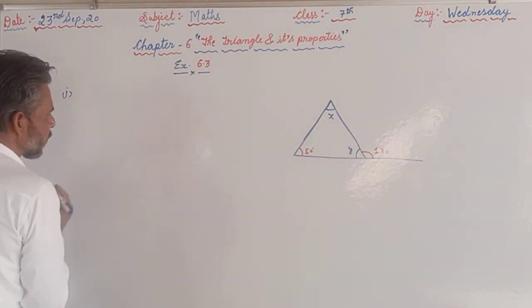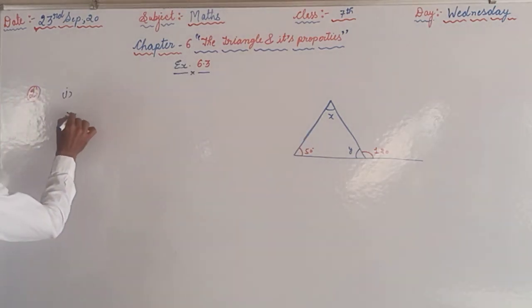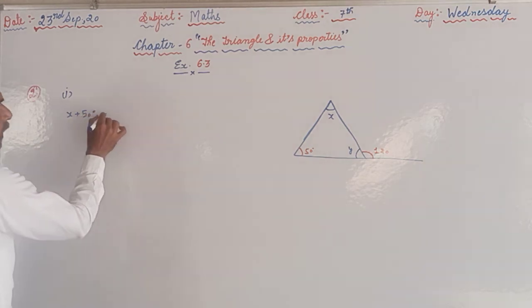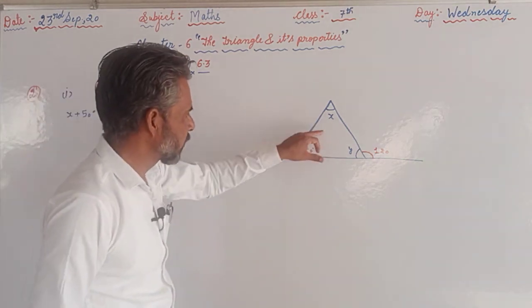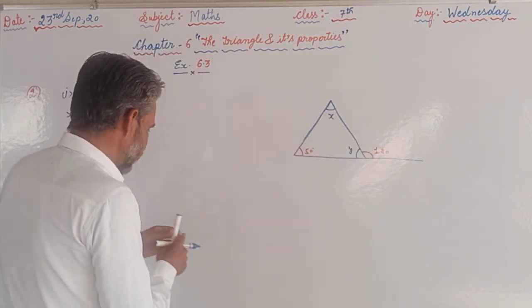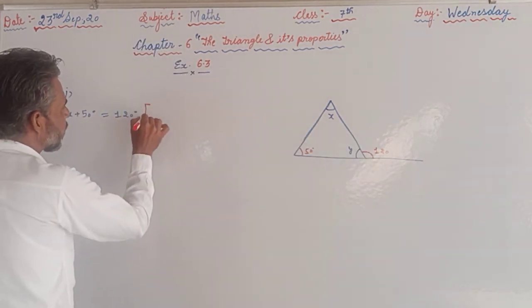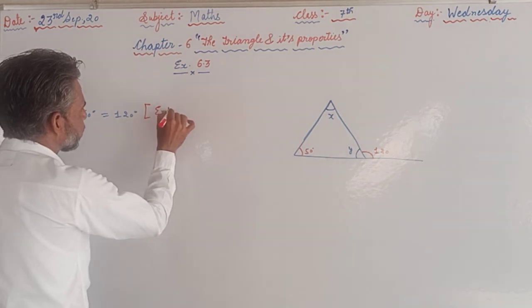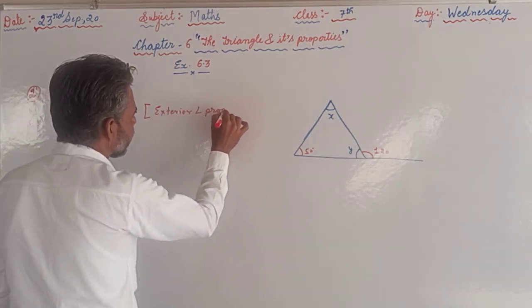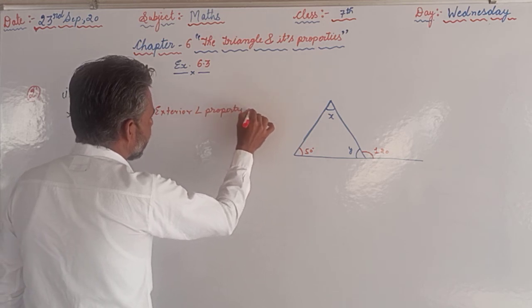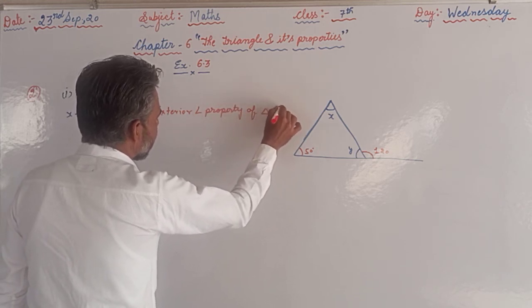So we can use the property, that is x plus 50 degrees is equal to 120 degrees. x plus 50 will be equal to 120. Why? That is the exterior angle property of triangles.